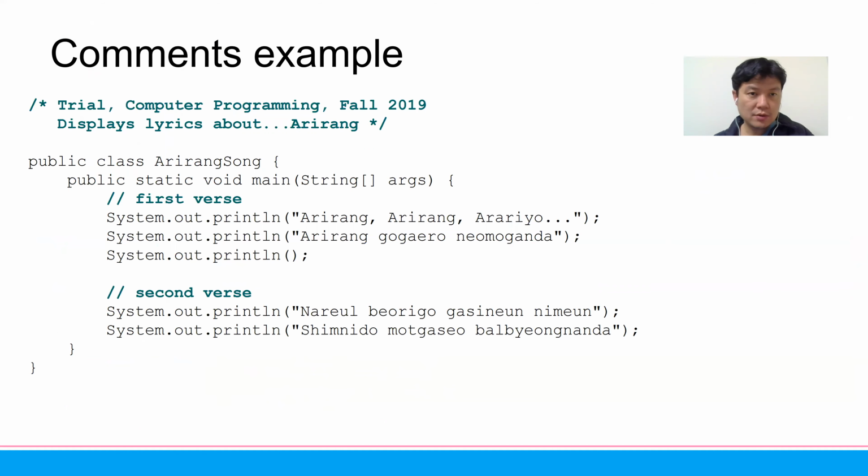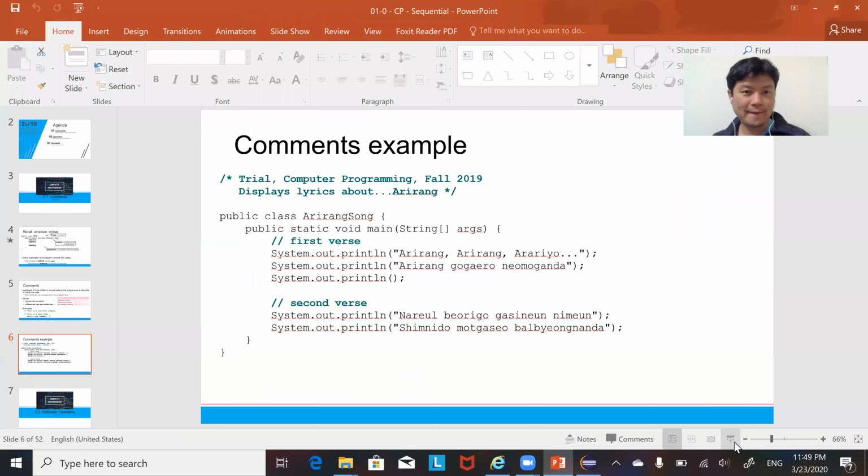So this is one of the examples. Let's say I am going to make the Arirang song. This is the class name, and this is the main method.